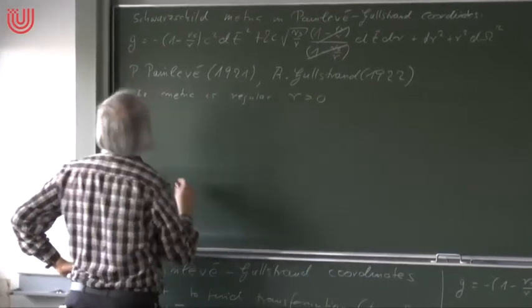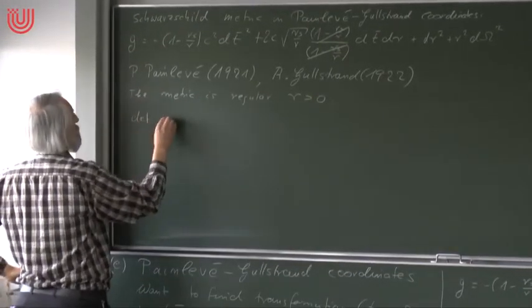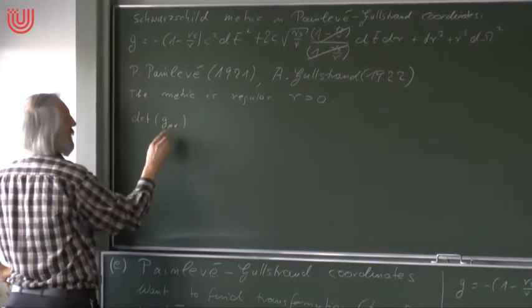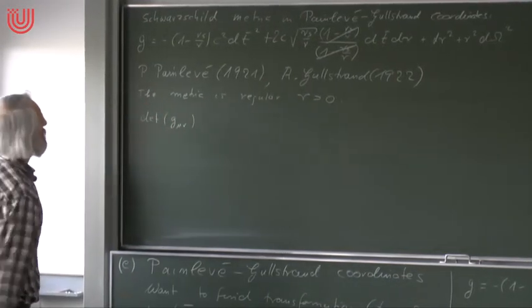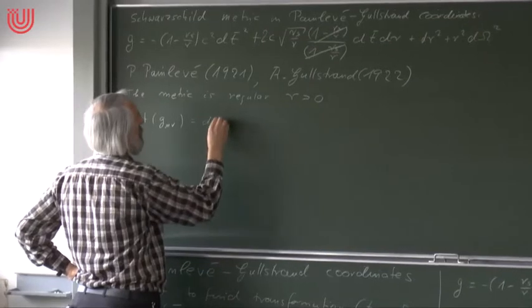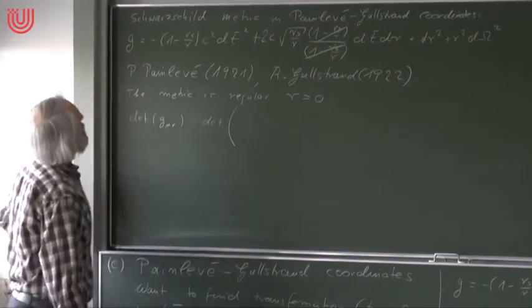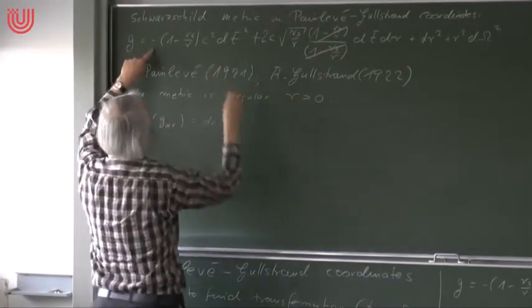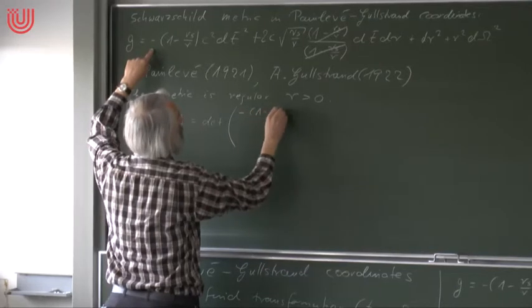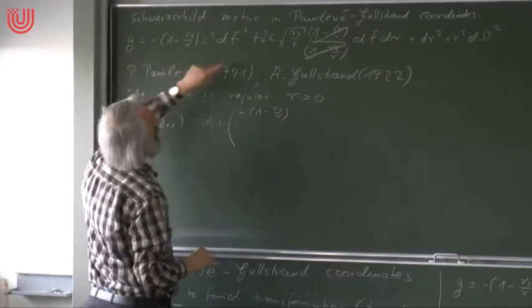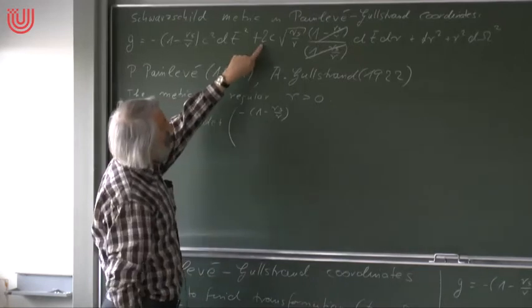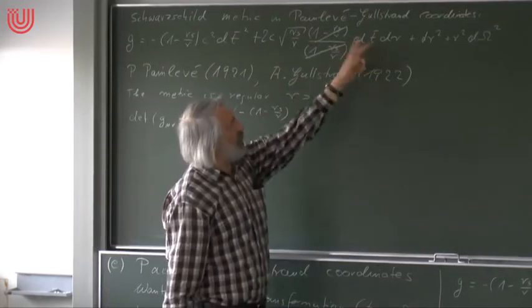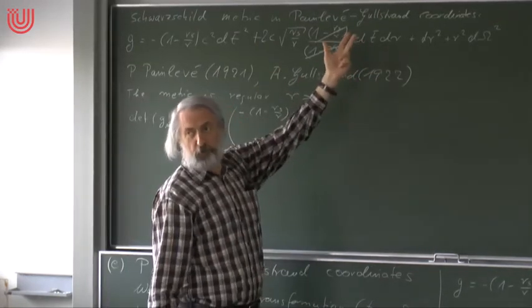So I just calculate the determinant of the metric now in the Painlevé-Gullstrand coordinates. This means I have to calculate the following determinant. This is the g_tt, minus 1 minus rs over r. And then you have to be careful, there's a 2, but this term comes two times.